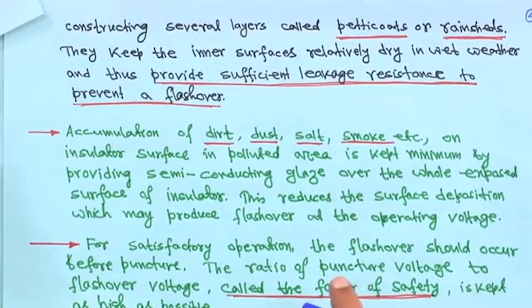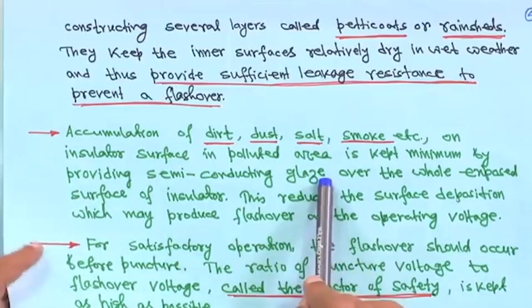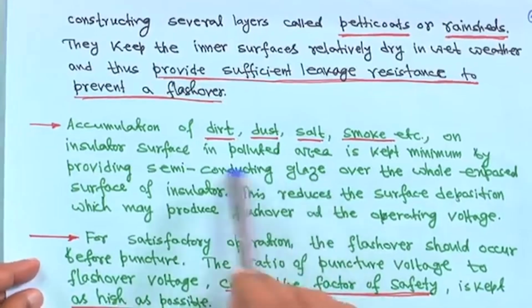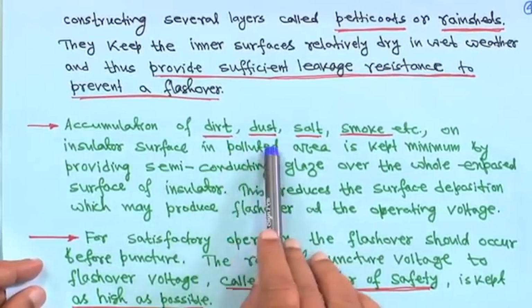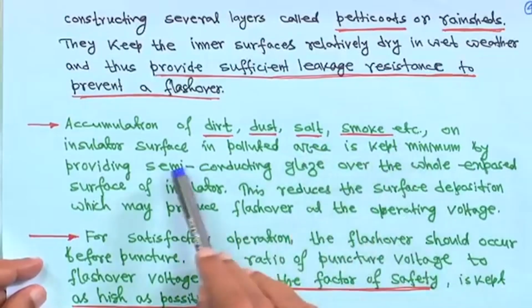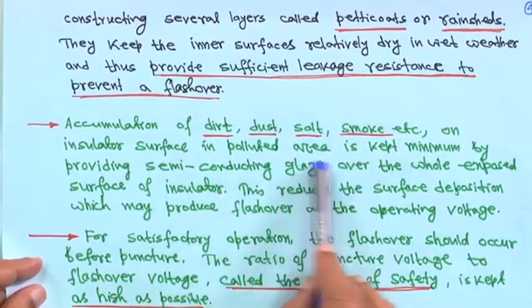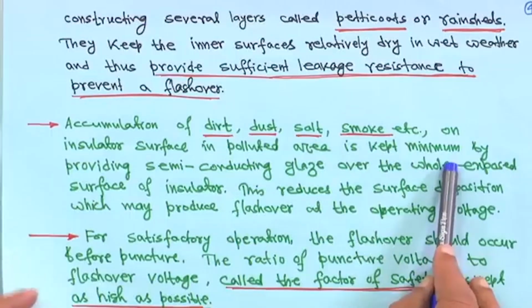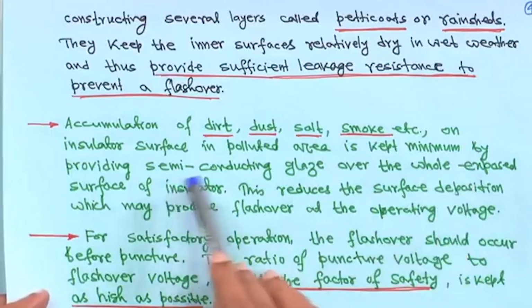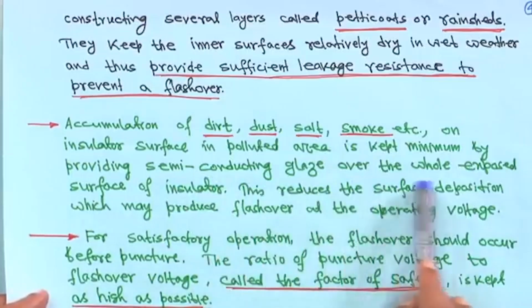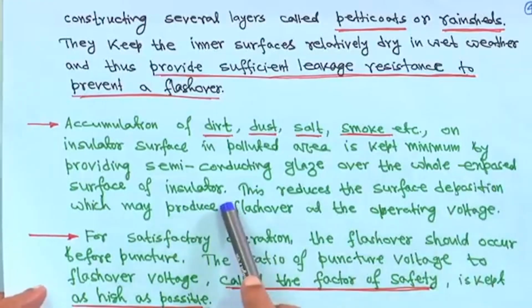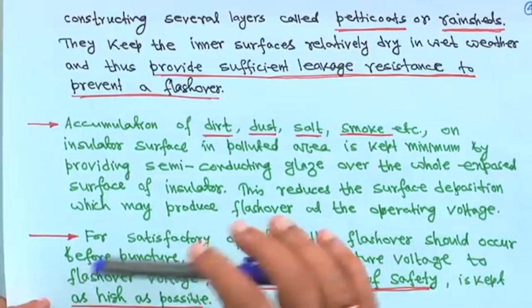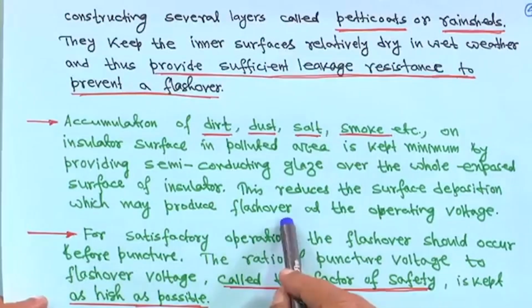Another thing, these are all general things. Accumulation of dirt, dust, salt or smoke etc. on the insulator surface in polluted areas is kept minimum by providing a semi-conducting glaze over the whole exposed surface of the insulator. If you look at the insulator, you will see the top portion is glazed, right.